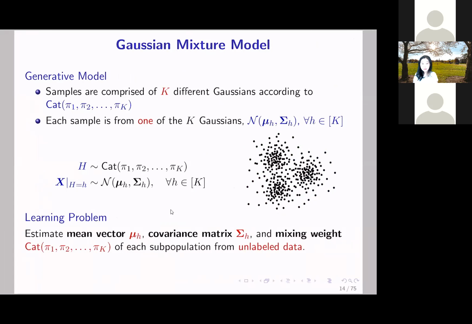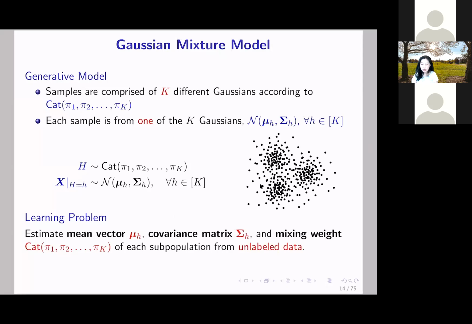Will we ever know the size of h? Usually in practice you don't know, but we may do so-called model tuning. You can think of the capital K as the hyperparameter. That's a very good question, but let me finish the slide and that question becomes more clear.